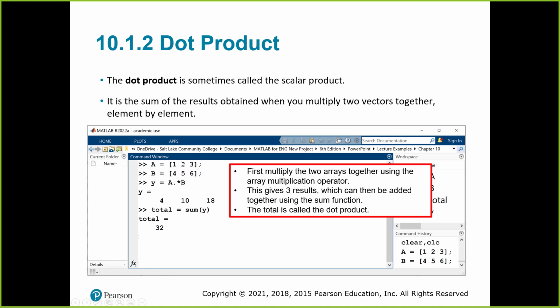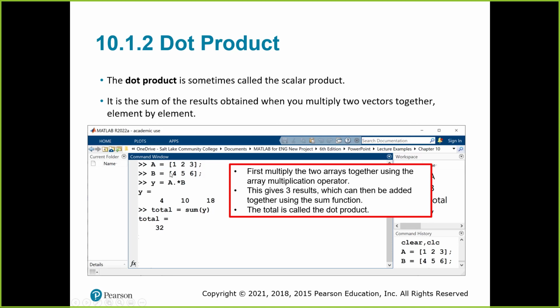It even works with multiple rows and columns, but they have to be the same size. And it doesn't matter if they're both rows, both columns, or one of each. It will still calculate the dot product, but they've got to be the same size. Basically it's this one times this one plus this one times that one plus this one times that one, and then it adds them all up to get the total.